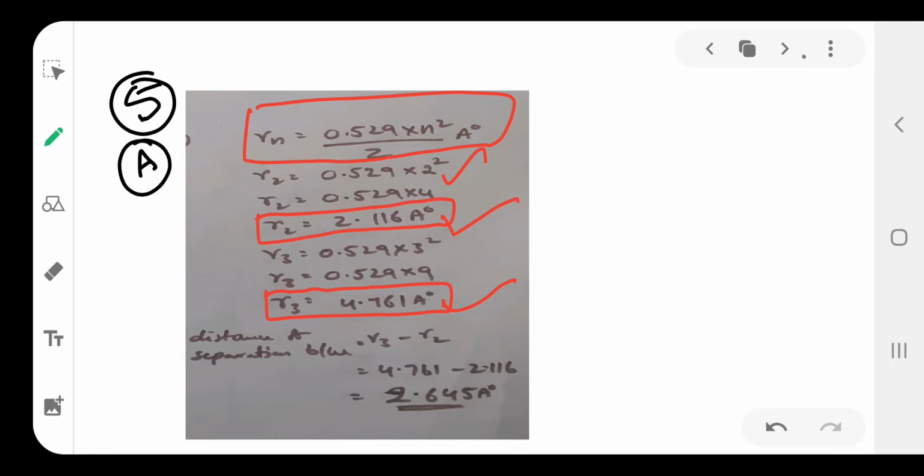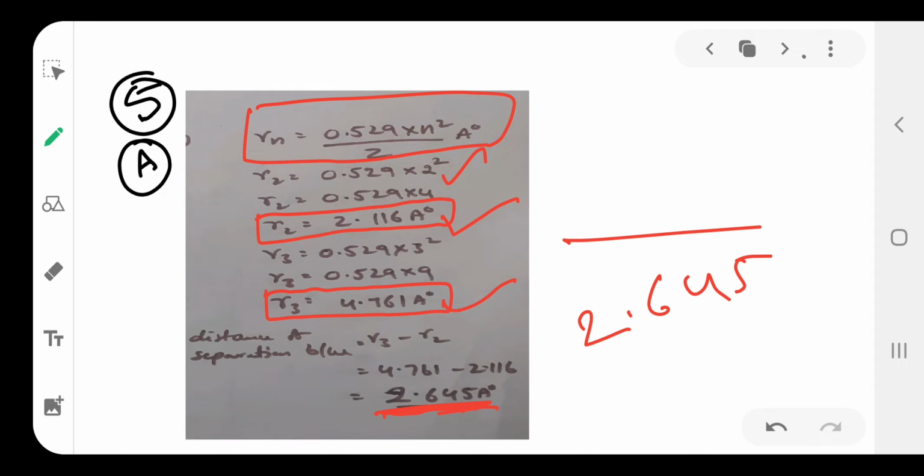That is 4.761 minus 2.116 angstrom. The difference is 2.645 angstrom units. That is the answer, the difference between the third and second Bohr orbit.